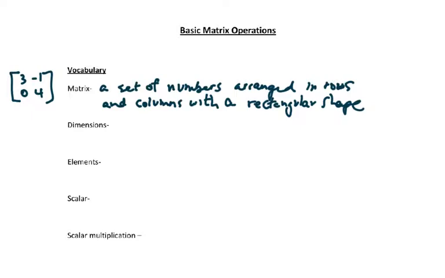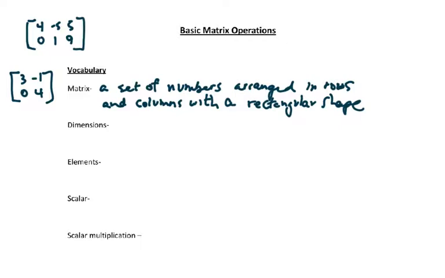We've got 2 rows and 2 columns. A different one, let's just make another one up. 4, -5, 5, 0, 1, 9 has 2 rows, 3 columns. The number of rows and columns matter because those are the dimensions.